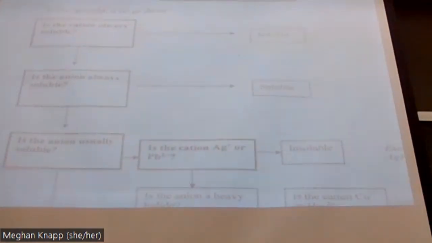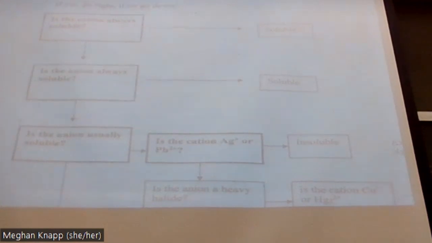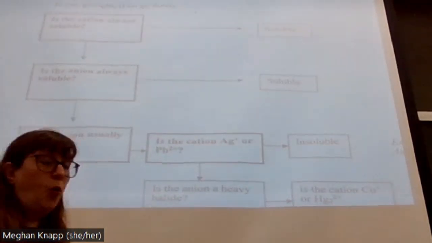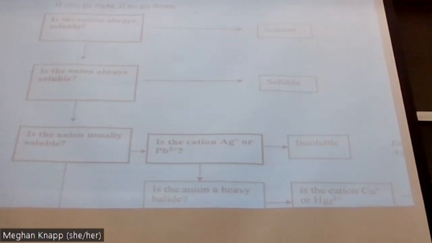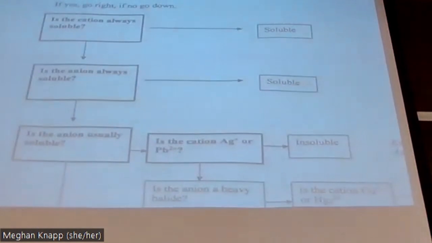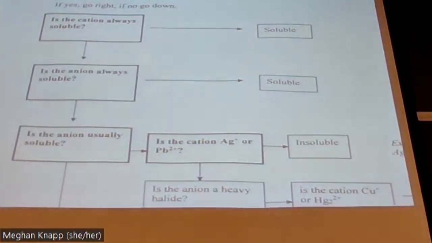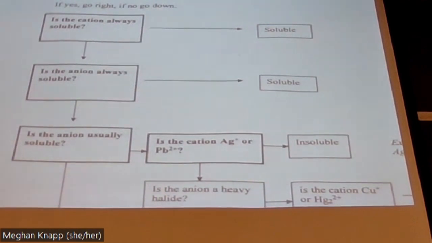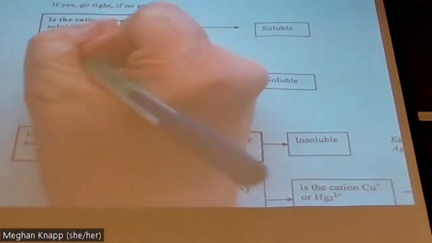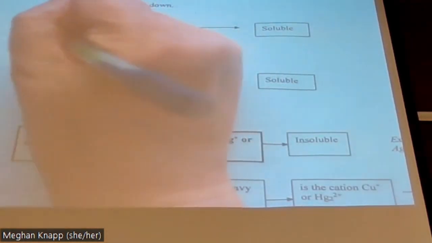Okay. So our first question then is the cation always soluble? So what we want to put in that box then is, what are the cations that are always soluble? So we said group 1, but there was something else that fit into that category. Ammonium, okay?